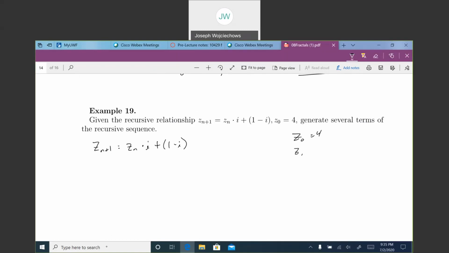So z sub 1 would be z sub 0, which in this case is 4, times i plus 1 minus i, which would give us 1 plus 3i.